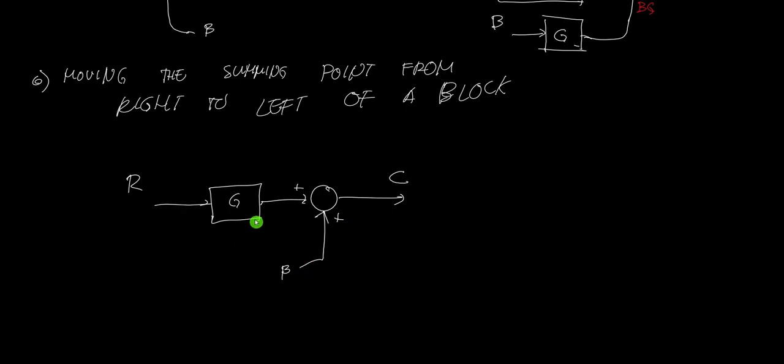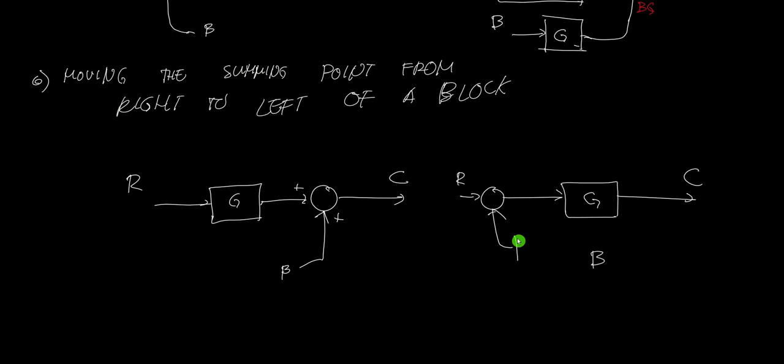Then, in this case, we want to move the summing point from left to right. So here is our summing point, and again, this is R. Then we have here B, then we have an output C, and this is G. So we need again to compensate for that with the transfer functions here. So this is plus and plus.